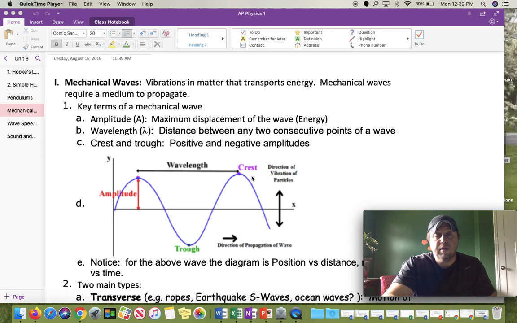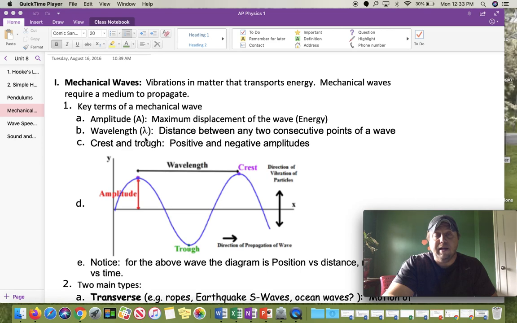So if we go from crest to crest, that is one wavelength. If we were to go from one trough to the next trough, which would be right about over here, that would also be the wavelength. Or we could start here at this position and go to here. That would be one wavelength as well. Any two consecutive parts. The wavelength symbol we would use is the Greek letter lambda.